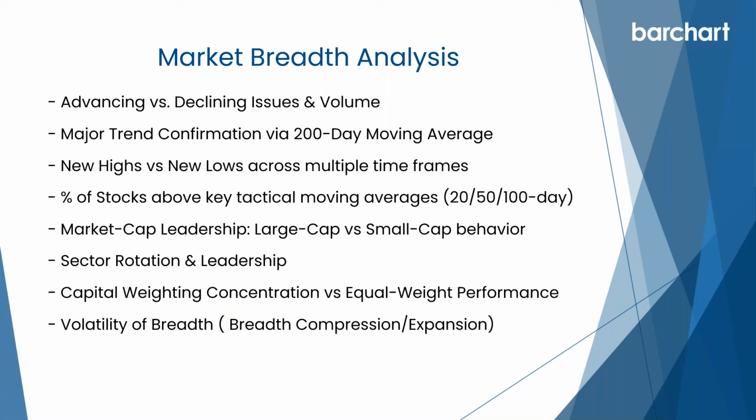Cap weighting versus equal weighted performance. Again, are we seeing too few stocks representing the greater market? And then something called volatility breadth, which in general terms is just, is there a general health to our trend, and our breadth analysis, are they in concert or in contradiction?